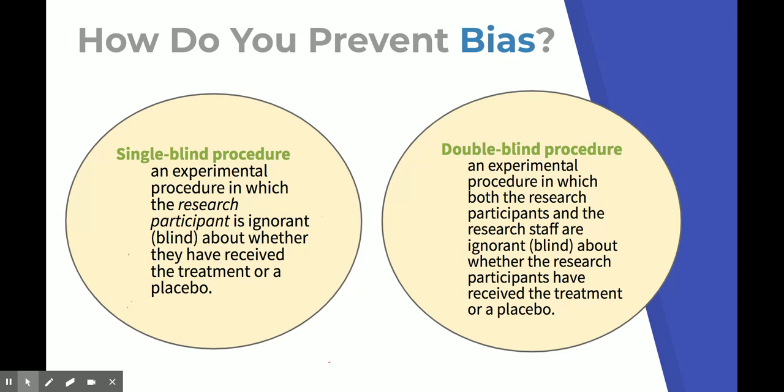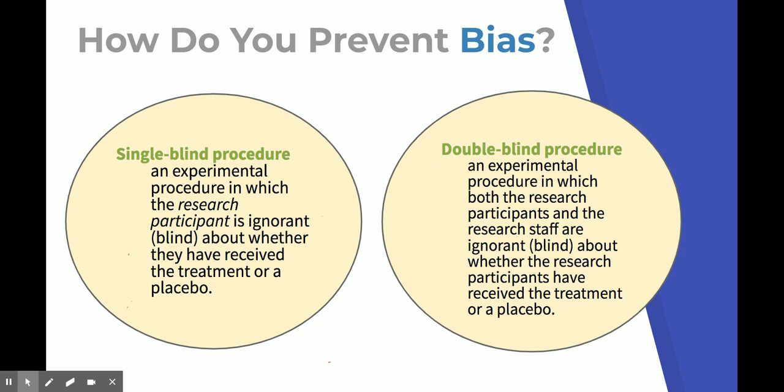In a double-blind procedure, not only is the research participant blind, meaning they don't know, but the research staff who is administering the vaccine or the medication is also blind. Think about why that might be important.